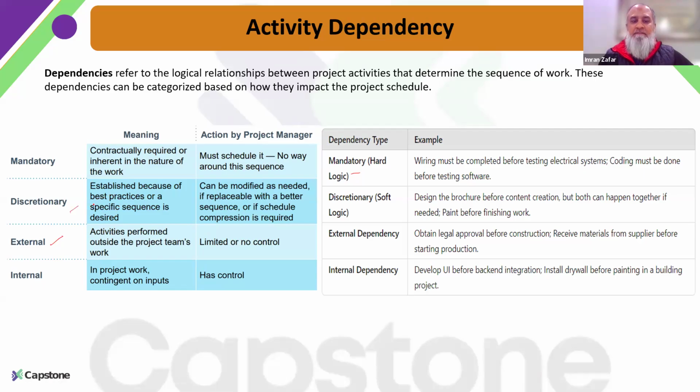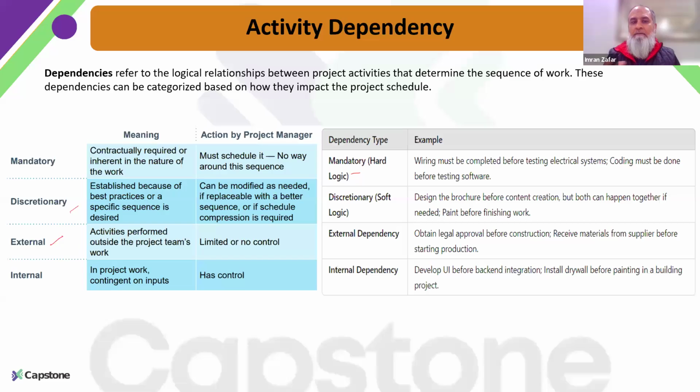Then comes the discretionary dependency. Discretionary dependencies are best practices that are followed all over the industry or all over the world, but you are not bound to follow them as they are. One discretionary dependency example could be if you are writing a report. You wait for the complete report to finish, and then you start reviewing or editing it.